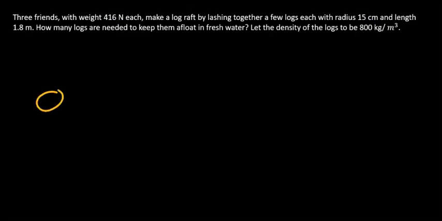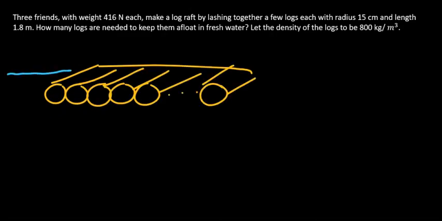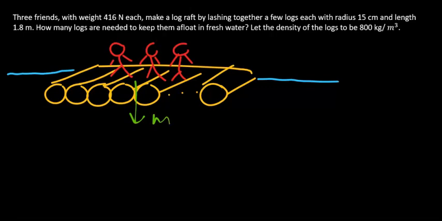So basically what you have is a raft made out of a few logs like that, and it is supposed to float on the surface of the water with three people standing on it. The free body diagram is pretty simple. So you have the total weight, which is equivalent to the total mass times gravitational acceleration.